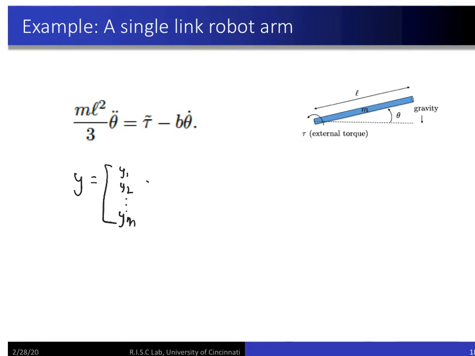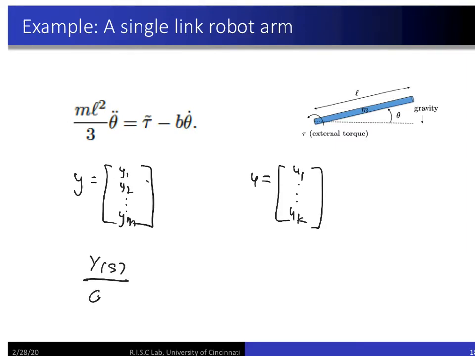So you have m outputs, and your inputs u is like k inputs, u1 to uk. So there will be a transfer function matrix basically. When I say y of s over u of s, it will be a matrix G(s), which will be how many transfer functions? M into k transfer functions basically, right? So for each input output pair, there will be a transfer function.